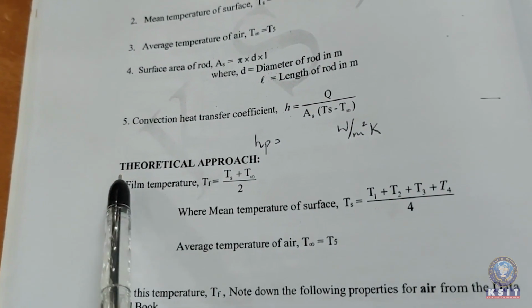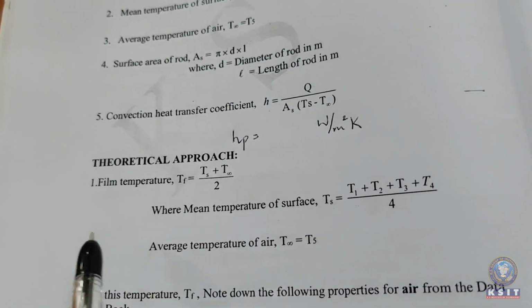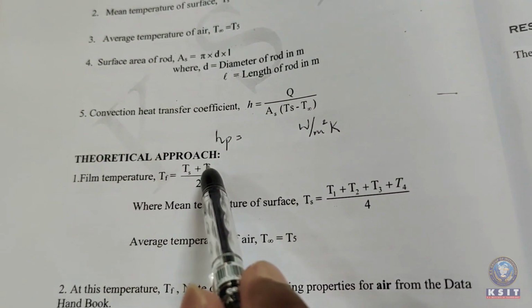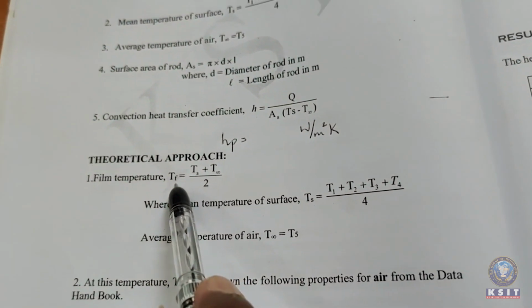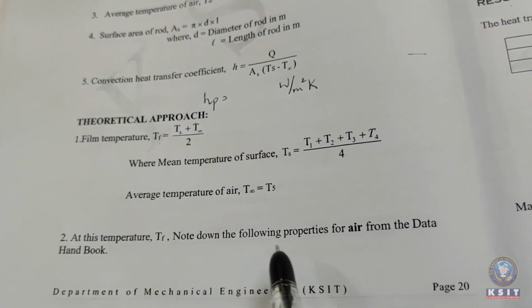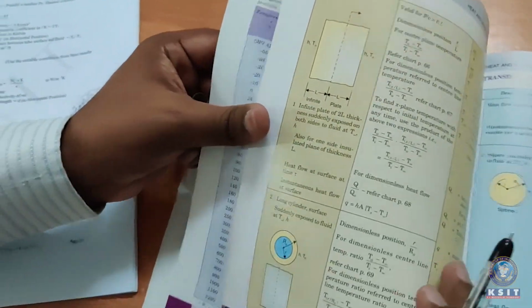Now the theoretical approach to find the value of h. Again, the film temperature at which we have to take the properties of air is Ts plus T infinity divided by 2. At this temperature, find the properties of air from the data handbook, the same page number 34.